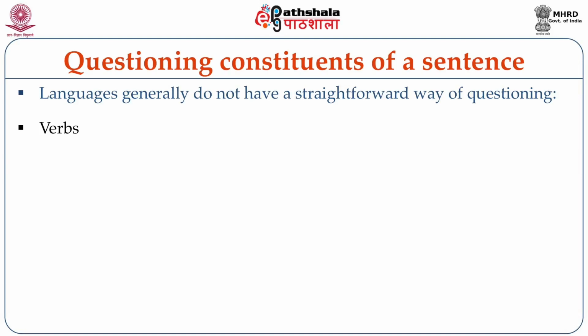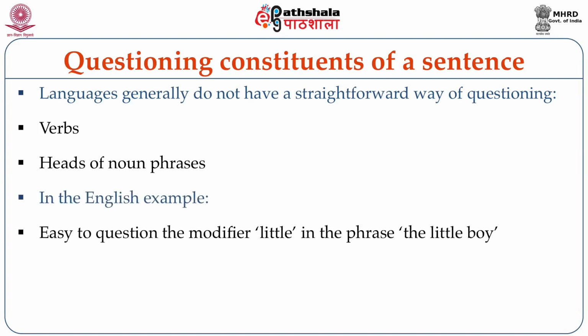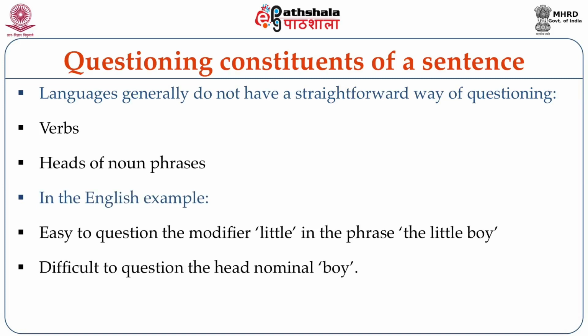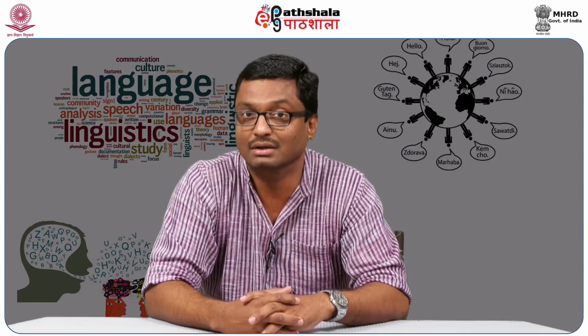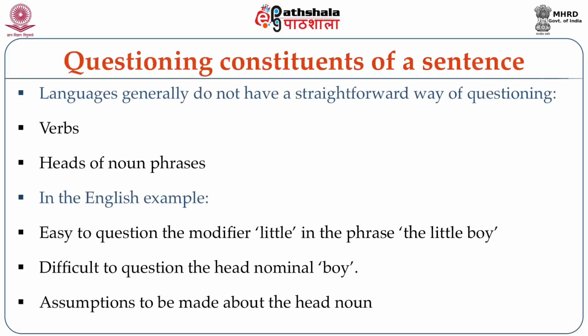Languages generally do not have a straightforward way of questioning verbs or even heads of noun phrases. In English, for example, it is easier to question the modifier little in the phrase the little boy by asking which boy than it is to question the head nominal boy. You have to go around saying the little what or the little who, and it doesn't sound natural.